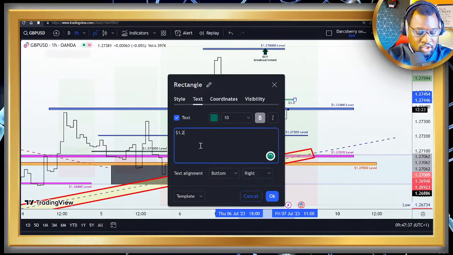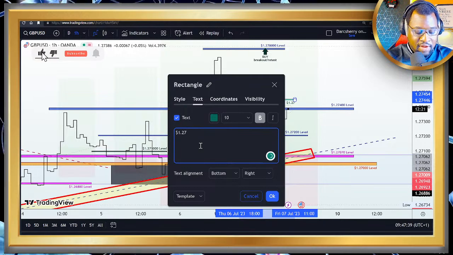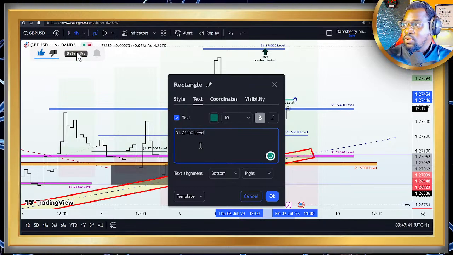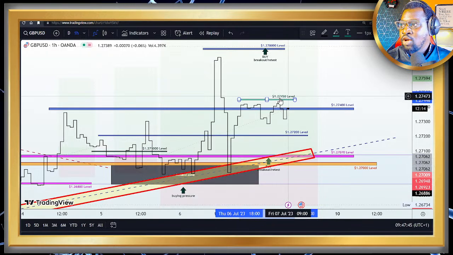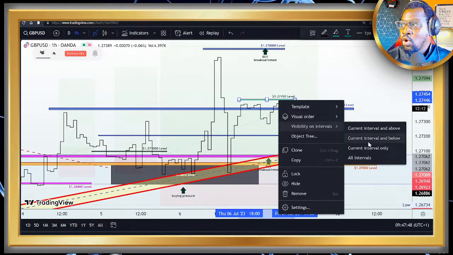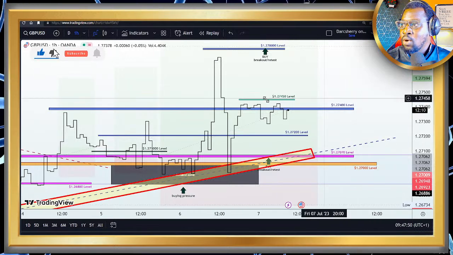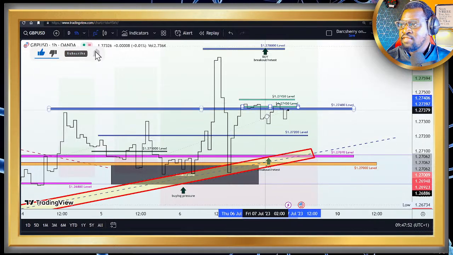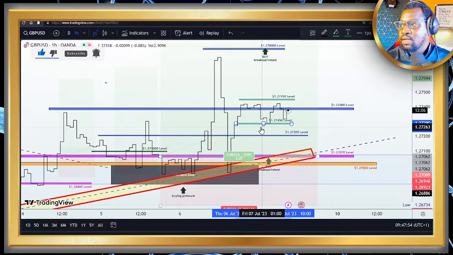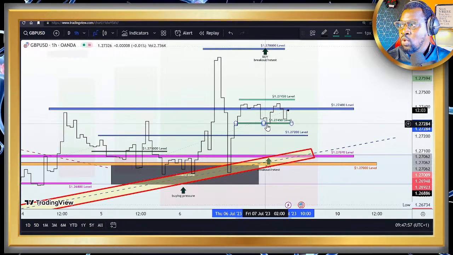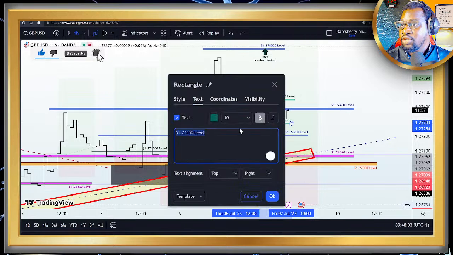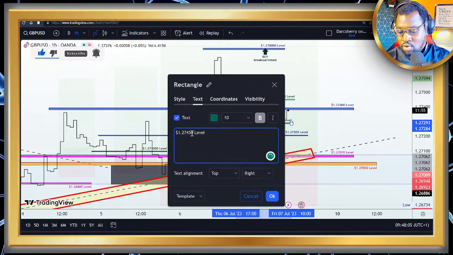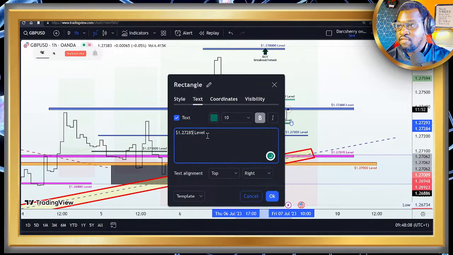So we want to be marking these levels out on our chart. So we have the 1.27450 level marked out on our chart right now. And then we place it at the top right hand side. So I only want this to show on my 1 hour time frame only. So then we have the support line here, situated somewhere around the 1.272885, I think. 1.27285 level.